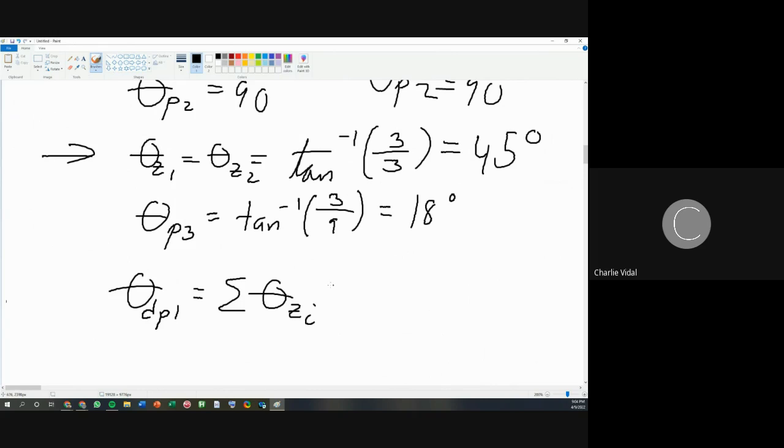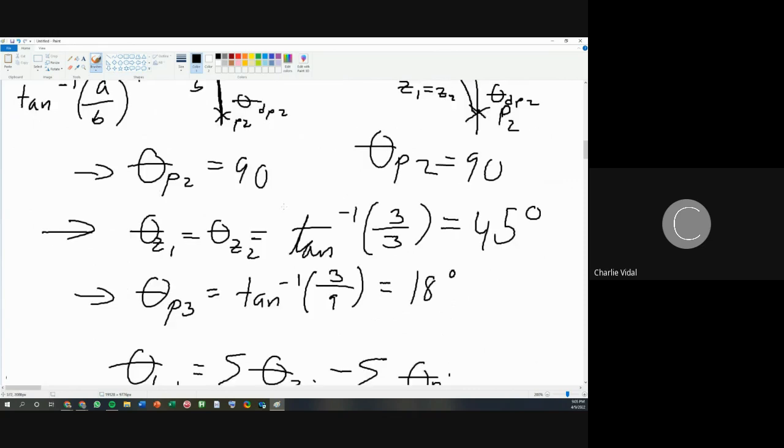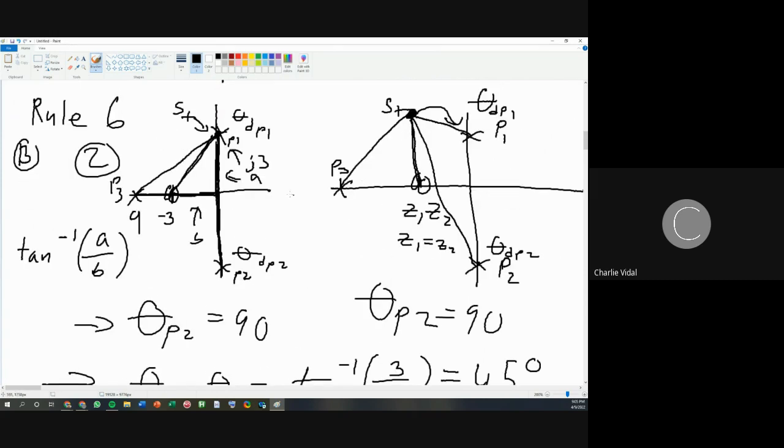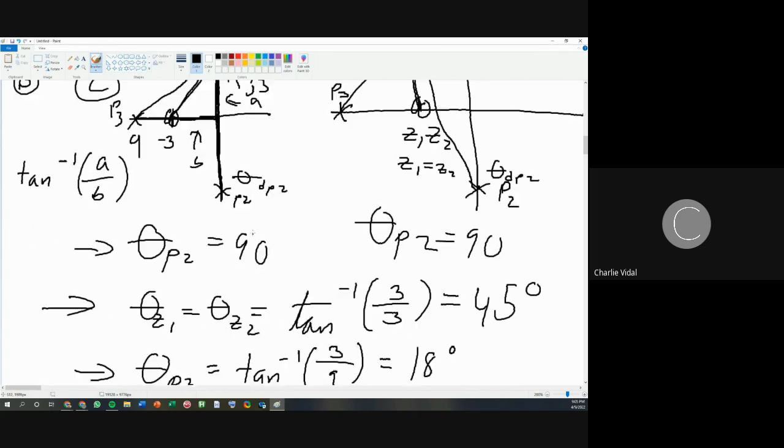You add these two up, and you subtract theta pi, so this one and this one. Also, just to let you know, we did not find theta p1 because the angle is 0, it's on the same point. If you were to find theta p1, it would just be 0, so you just don't include it.